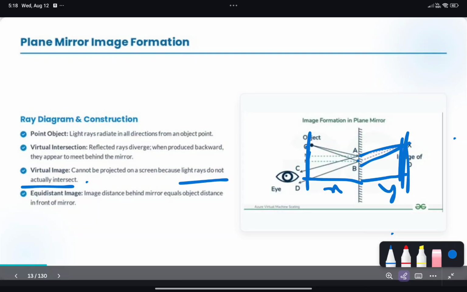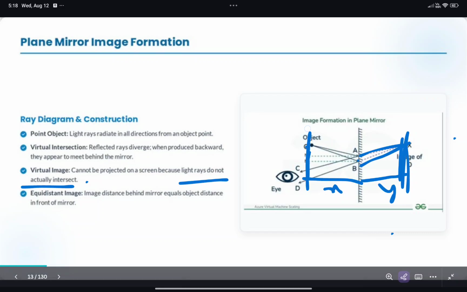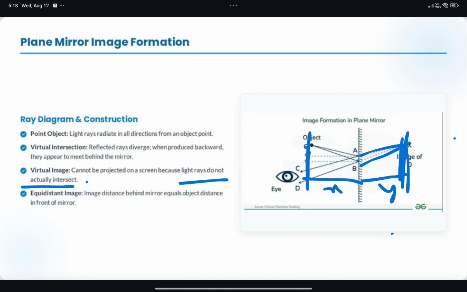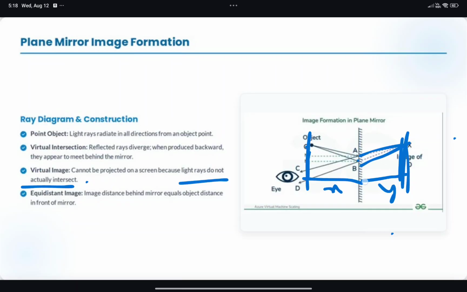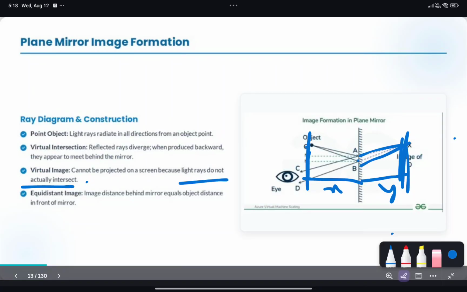A certain amount of light rays coming from the object radiate in different directions from an object point. Virtual intersection. Reflected rays diverge. These are the reflected rays. This one and this one, C and D, are the reflected rays. Clear or not? These are the reflected rays or not?